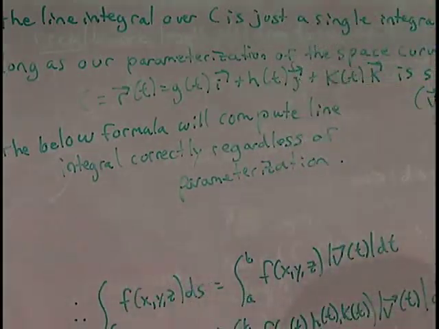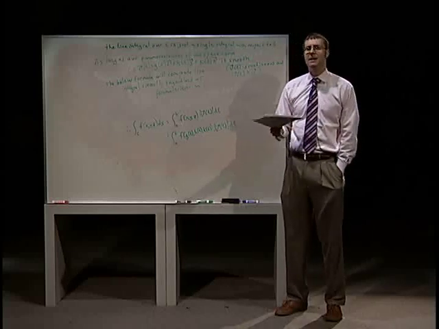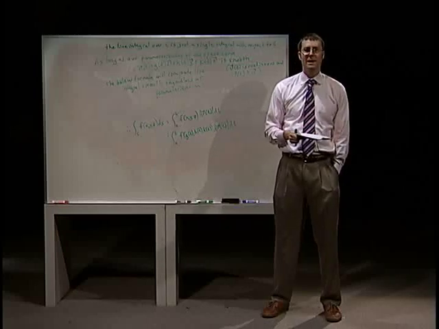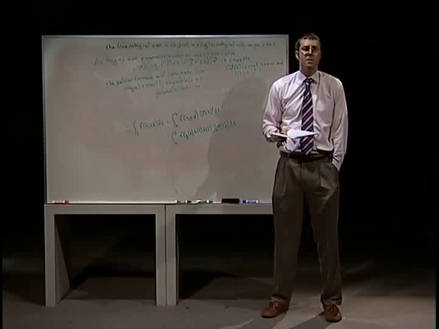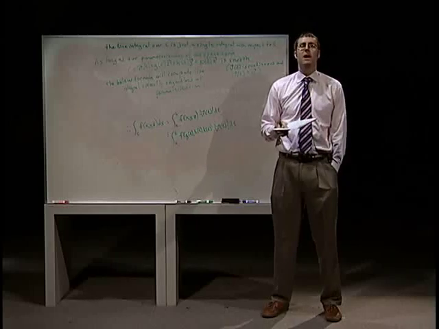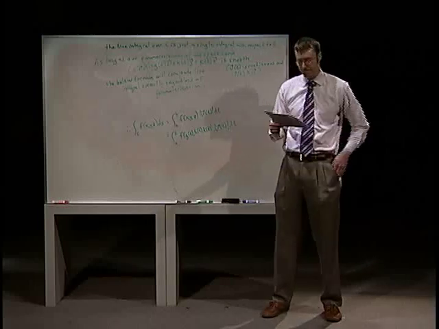So all that verbiage says the following, that as long as we give a smooth parameterization of our space curve, in other words, think of a line in space, lots of different parameterizations can be used for that line. Any one of them will work because they're all smooth, and any single parameterization will give you the same value for the line integral. Okay? That's the beauty of using arc length. That's the importance of it.